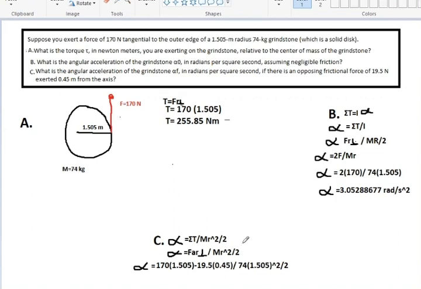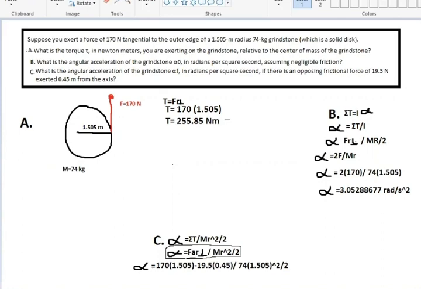So then we would take this equation right here from the one above, and this would be the equation that we use. This equation would be the force times the perpendicular lever. And then it says that it should have a new frictional force, opposing force.